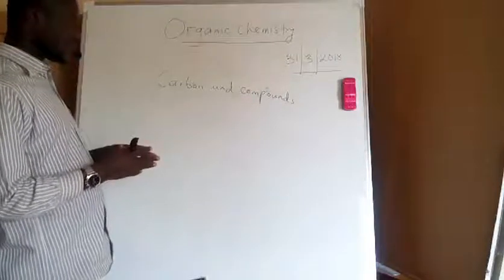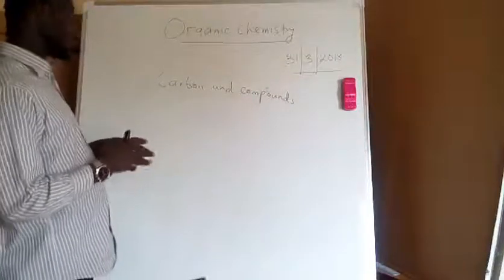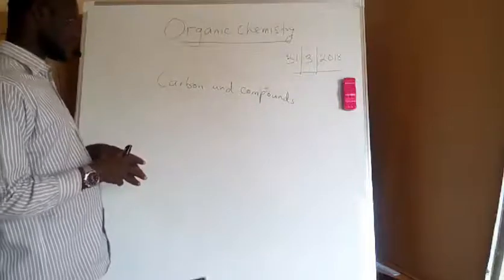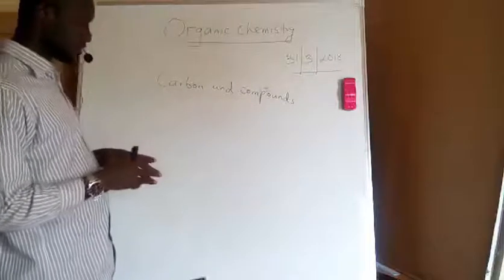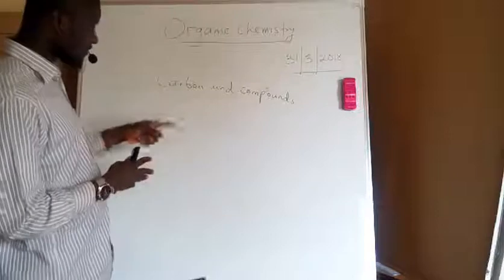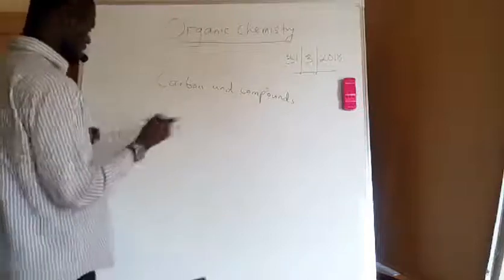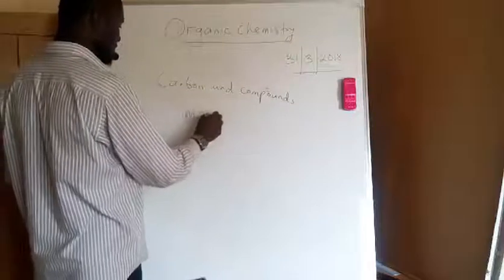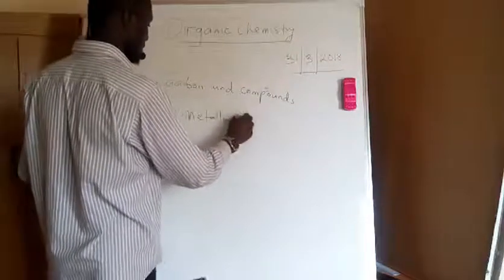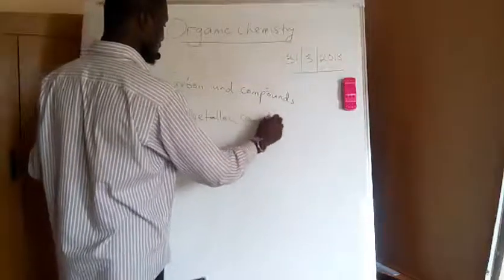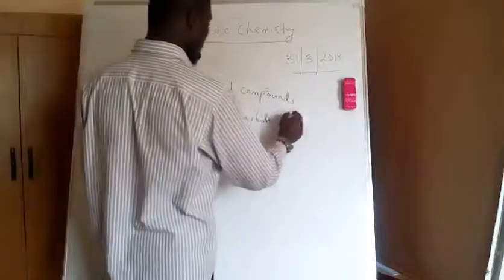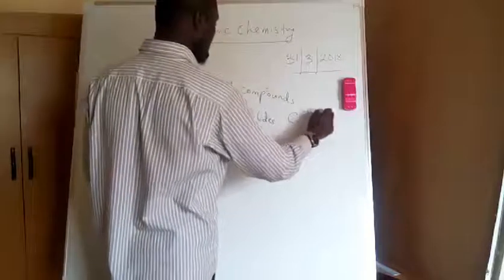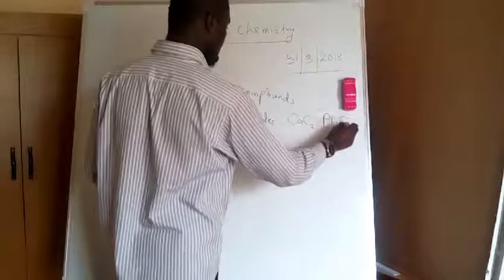Compounds of carbon were later discovered that were not organic compounds. We have three classes of compounds of carbon that were discovered after the first definition. The first class is metallic carbides. Very good examples are calcium carbide and lead carbide.